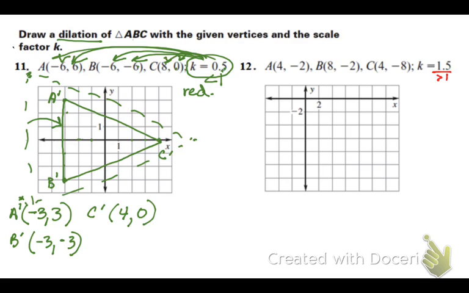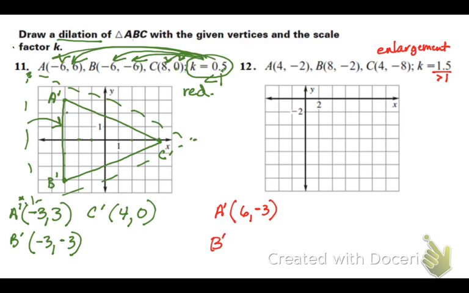This is greater than 1, so this is most likely going to be, well, it is going to be an enlargement. So for A prime, we're going to multiply 4 by 1.5, and that'll give us 6. We multiply negative 2 by 1.5, that's going to give us negative 3.